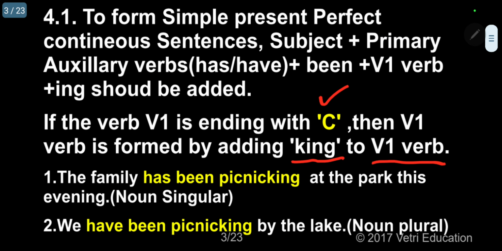I am giving two simple example sentences to explain the simple present perfect continuous sentence. Kindly follow. The first sentence: The family, a singular noun, has been picnicking at the park this evening. Picnic is the V1 verb, I am adding king.